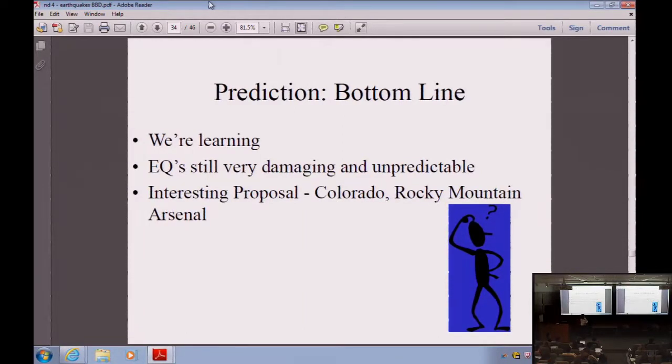Back then in Colorado, I say it's an interesting proposal because instead of saying, oh gosh, we shouldn't do this because we're causing earthquakes, someone said, why don't we solve 2 problems at once?